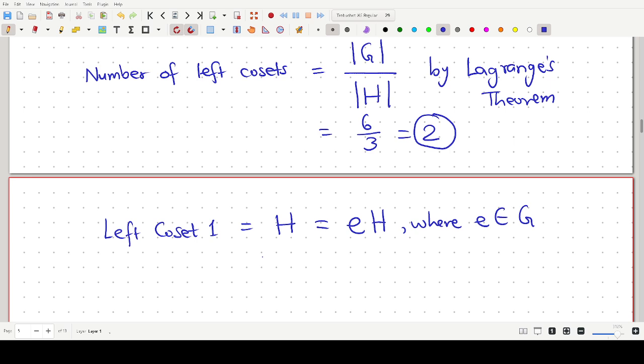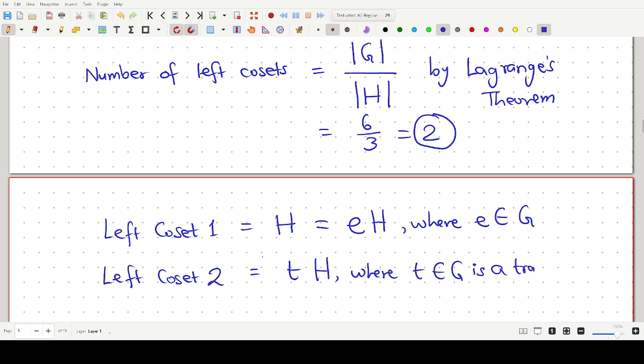In another case, the left coset can be considered using a transposition TH, where T belongs to G is a transposition.